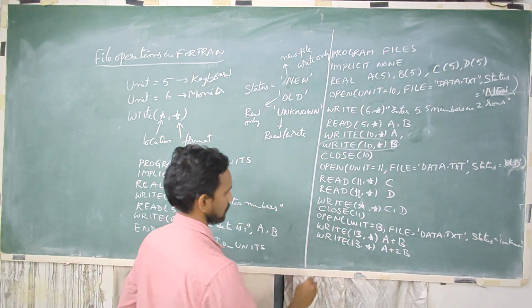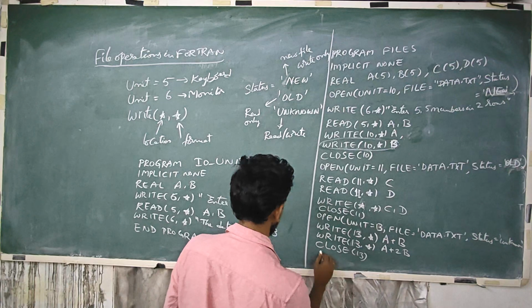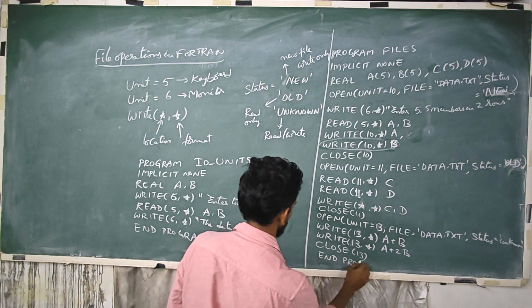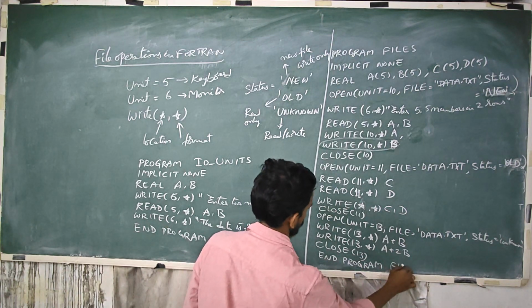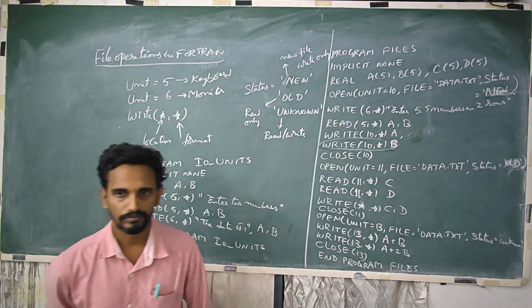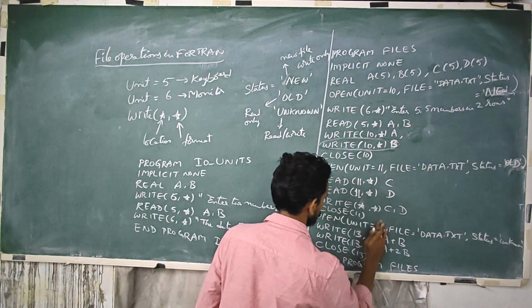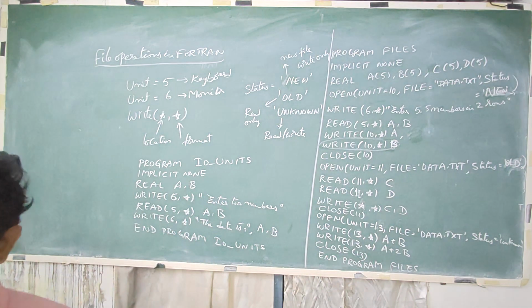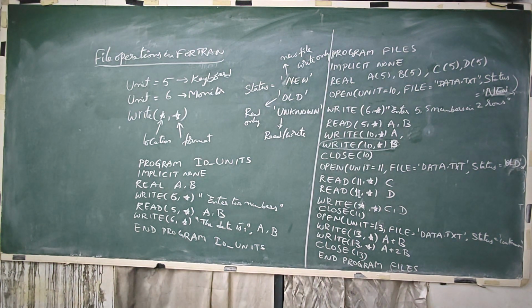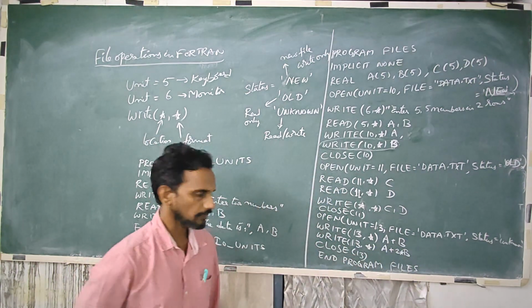And check whether the data is being written to it or not. This is unit number 13. A plus 2 star B.